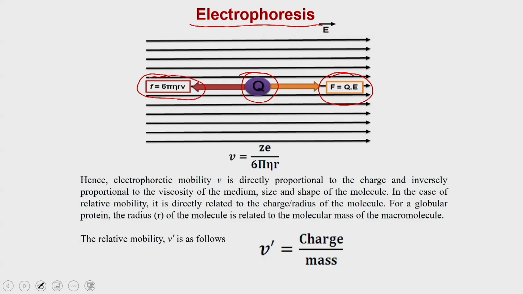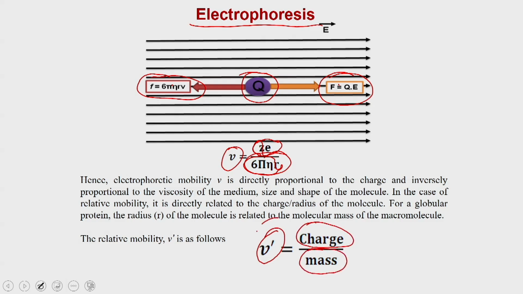The molecule will not migrate further at the point where these two forces are equal, and under these circumstances the electrophoretic mobility is proportional to Z/6πηR. If this value is constant, the relative electrophoretic mobility is directly proportional to the charge and inversely proportional to the mass.